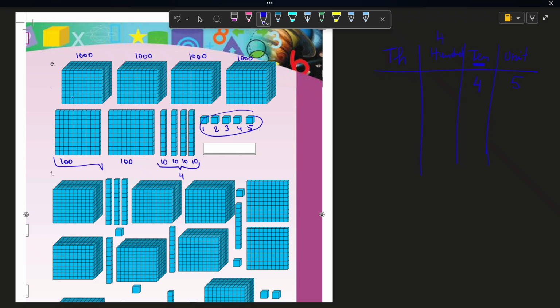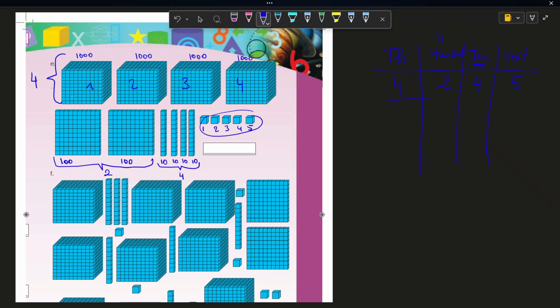You can see I've got 2. Then I write 2 there. What about the thousands? How many have I got? When I count all of them here, they are actually 4, because I've got 1, 2, 3, 4. So I've got 4.